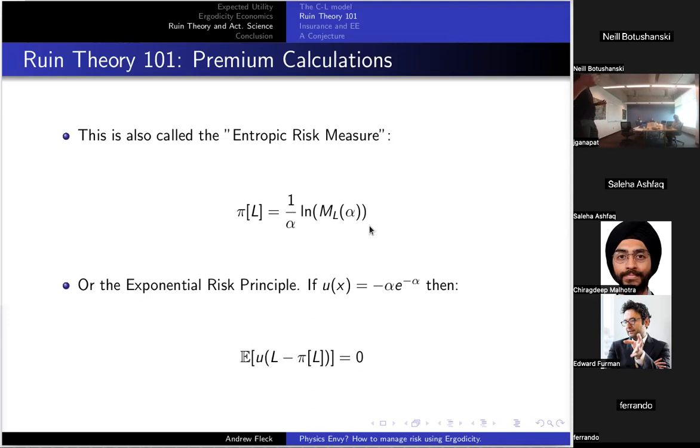An agent who would use this utility under this dynamic would be concerned about ruin and trying to minimize risk. This actually sounds very familiar to ergodicity economics, because they say, I'm an agent looking through time, and I'm concerned about the growth rate of my wealth. I can only live my one path. Here we're saying I have a utility that I can interpret as something related to how I go through time.